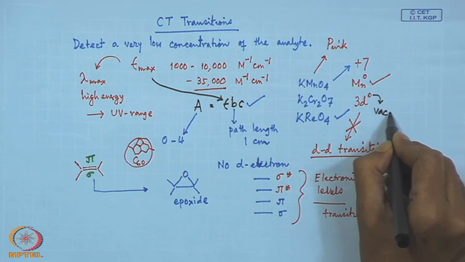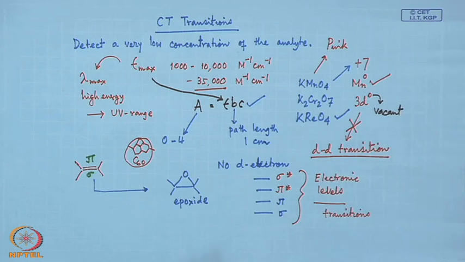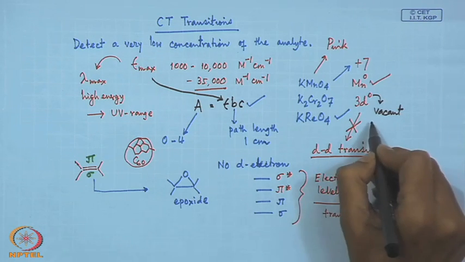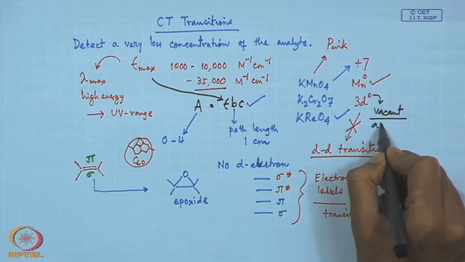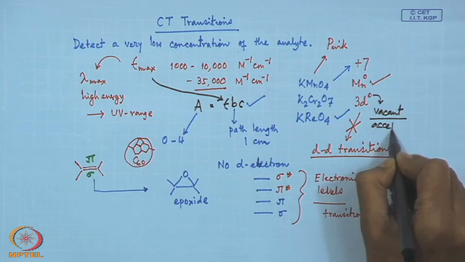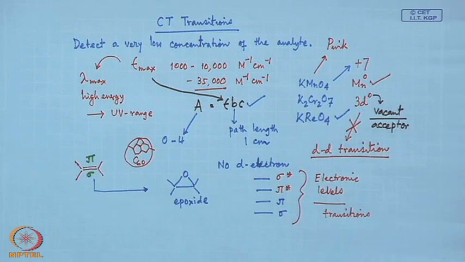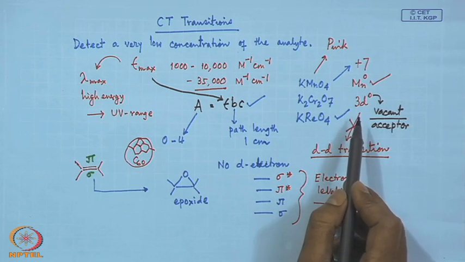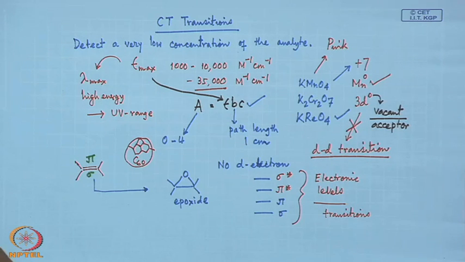So we have 5 vacant levels. They can be very good acceptors instead of donors. So we can have very good acceptor levels on the d level which is vacant in electrons. So we can accept the electronic charge density from the ligand system or any other oxide system into those orbitals such that the corresponding charge transition can take place.